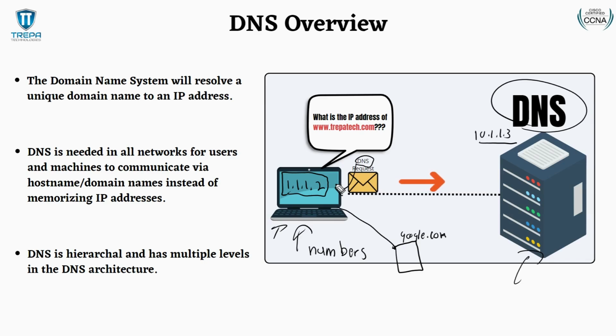A way for us to resolve a domain name, which is google.com, to an IP address so that human and machine can interact and we can explore the internet using our language. So DNS is going to be needed in all networks because we're not memorizing IP addresses, right, guys? So, for instance, my website, trepatech.com.